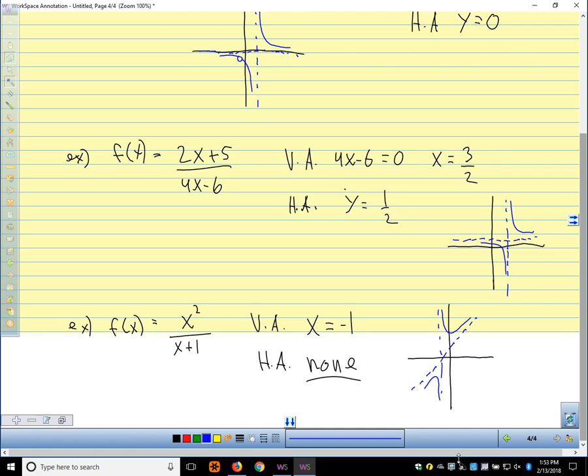So we end up with a slant asymptote. The numerator has a higher degree. So how are you going to guess that we're going to find that slant asymptote? What can we do when the numerator is bigger than the denominator? We can divide. We're going to find our slant asymptote by doing long division. We'll talk about that next time.